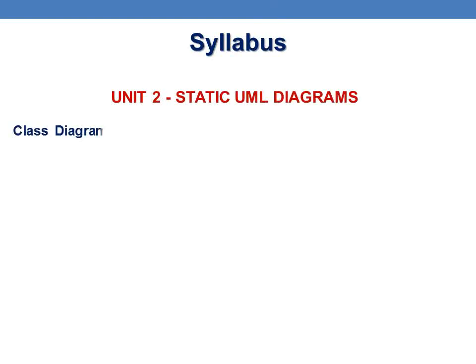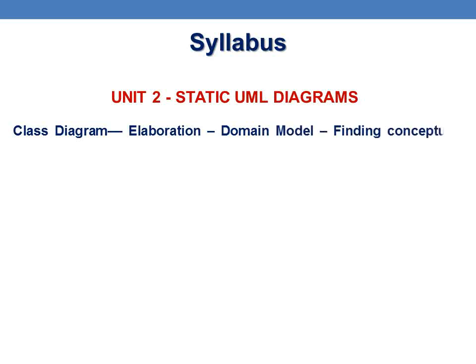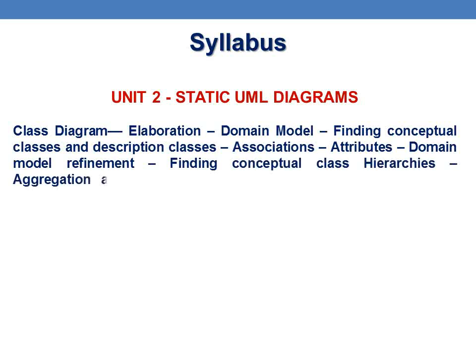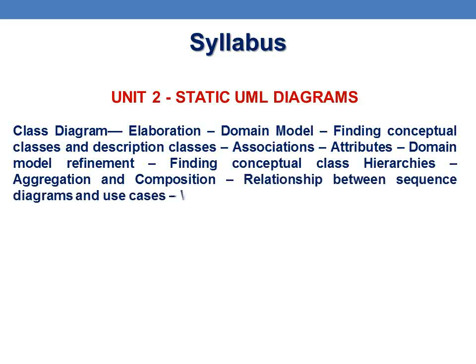These are the syllabus. So class diagram, elaboration, domain model, finding conceptual classes and description classes, associations, attributes, domain model refinement, finding conceptual classes, hierarchies, aggregation and composition, relationship between sequence diagrams and use cases, when to use class diagrams.